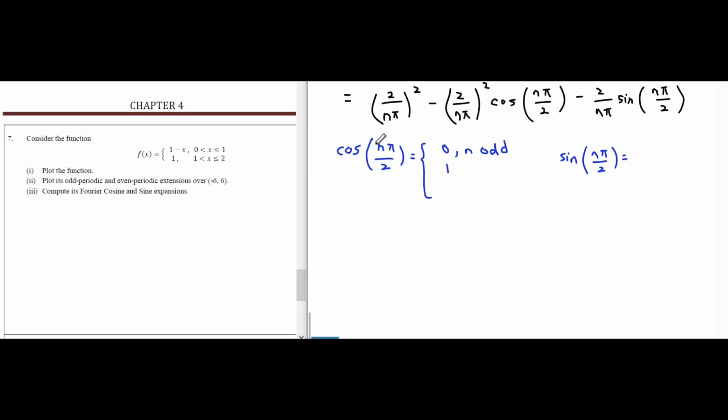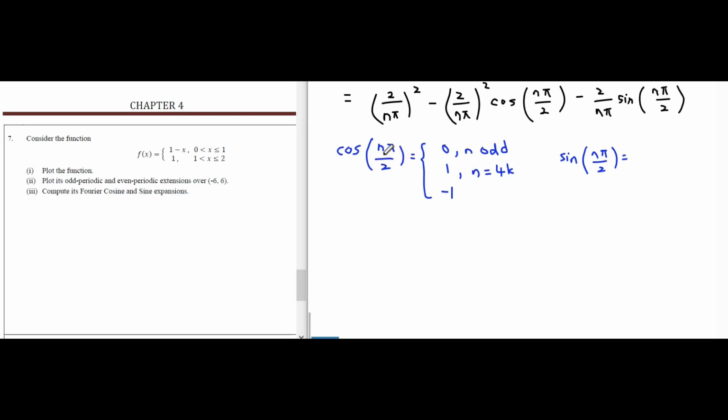When n takes the value of 8, cos 4 pi is also 1. So when n equals 4k, where k begins with the value of 1, cos is 1. If it is a multiple of 2 but not 4, cos of pi is negative 1, cos of 3 pi is also negative 1.